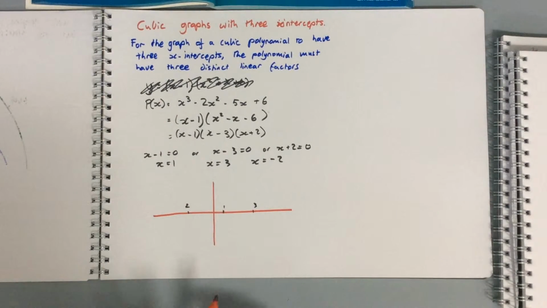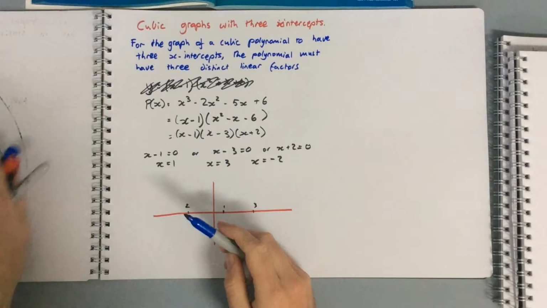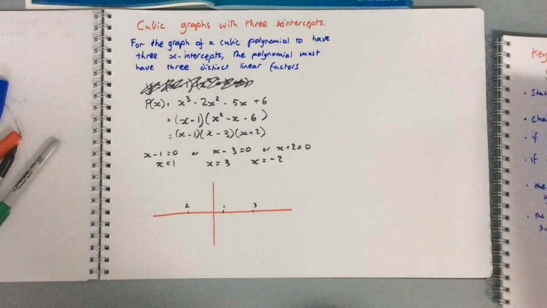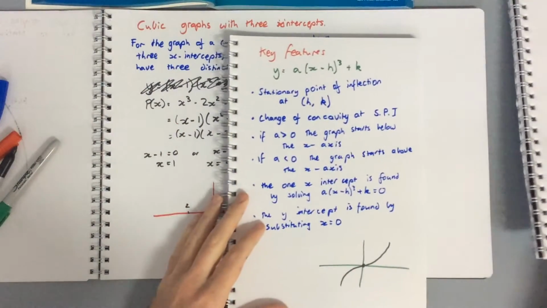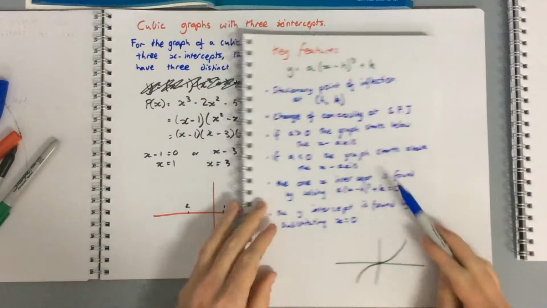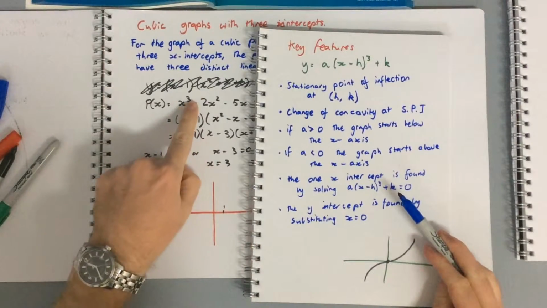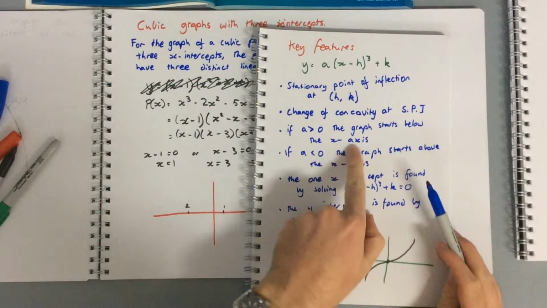Now we can basically connect the dots almost. So just have a think about it, like before, using our key features. A greater than 0, the number in front of x cubed is our A term. It's greater than 0, so it starts below the x-axis.